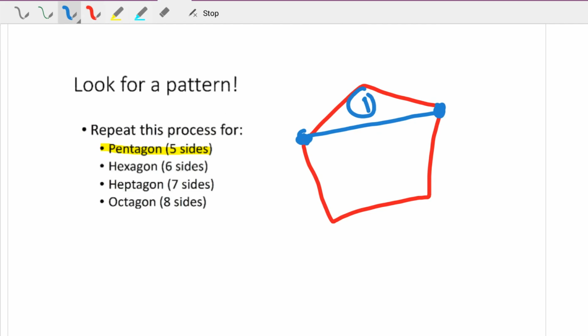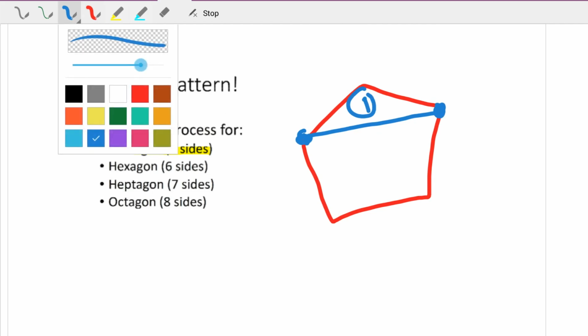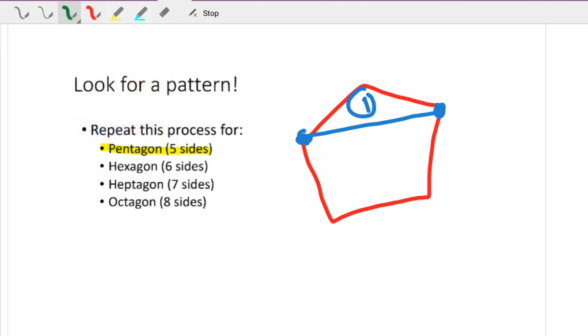Continuing with this pattern, I can draw other triangles. I choose that one just because I want to. Cannot draw that one because it's not a triangle. Cannot draw that one. Again, not a triangle. So I only have this option, right, to go to this corner. So then I have my second triangle and my third triangle.